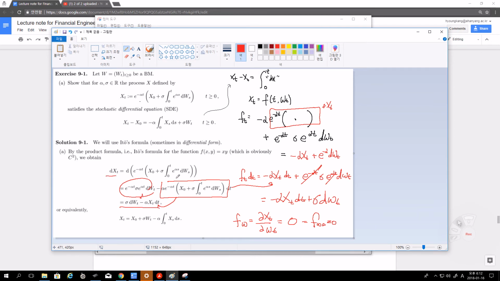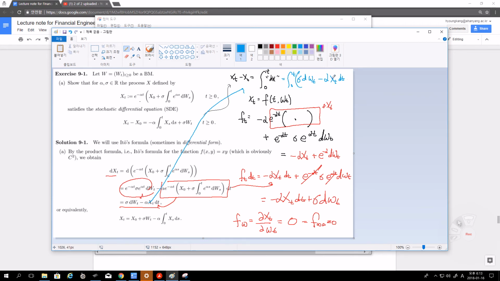So now we plug this one over here. So now we are integrating from 0 to t, sigma dwt minus alpha xt dt, right?